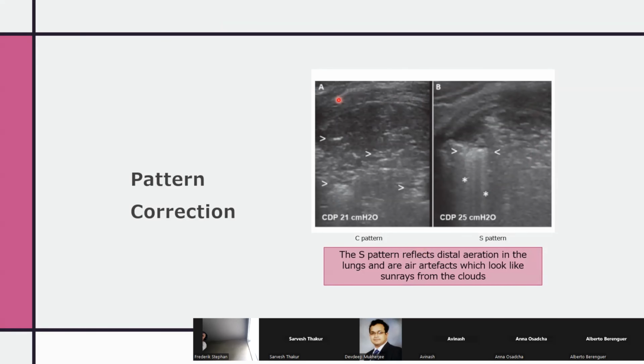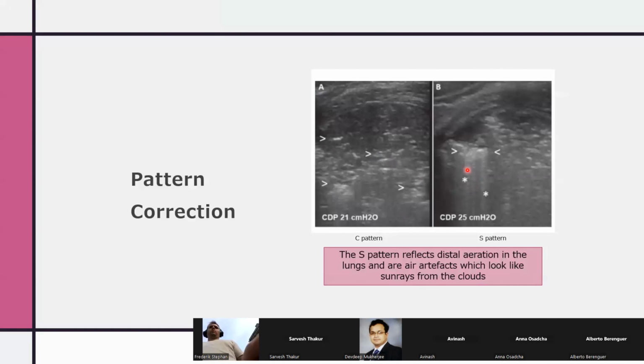What they realized is, and this is a simple example of where they've used increased pressure in this particular situation to recruit atelectatic lung, you get this appearance that I previously demonstrated of what looks like a sun ray appearance of the lungs. Now, this is because we're recruiting atelectatic lung, and you're starting to open up the bronchioles and the alveoli.